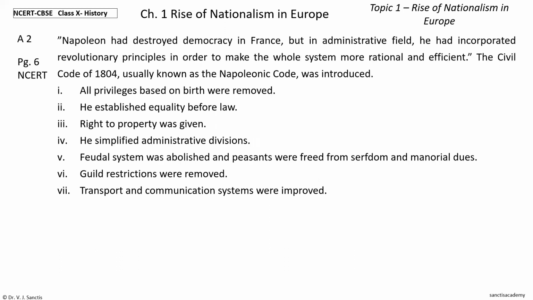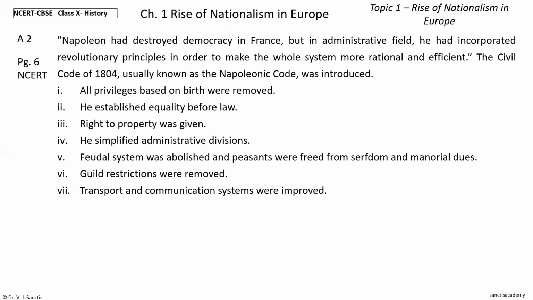Another way of writing this, which was there in the 2016 sample paper, is: Napoleon had destroyed democracy in France, but in the administrative field, he had incorporated revolutionary principles in order to make the whole system more rational and efficient. The Civil Code of 1804, usually known as the Napoleonic Code, was introduced.